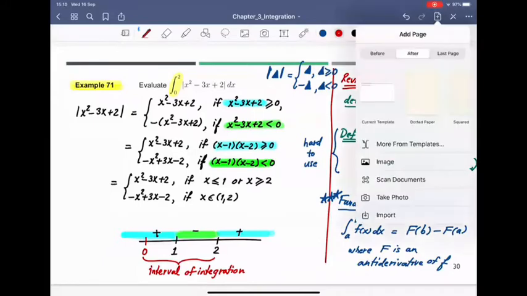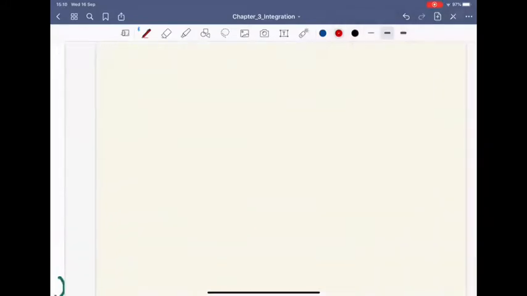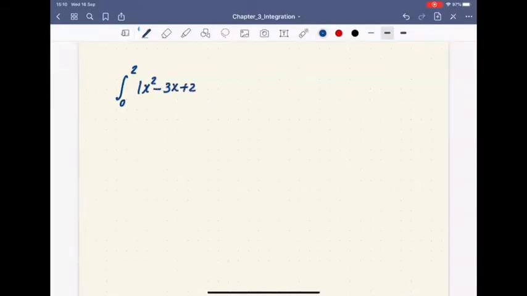All right, so let's do that. So here, you're going to integrate from 0 to 2 of x squared minus 3x plus 2 dx. I'm going to split it into two pieces.